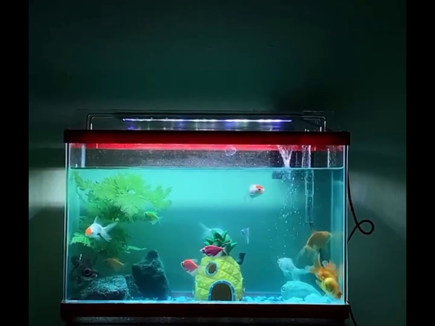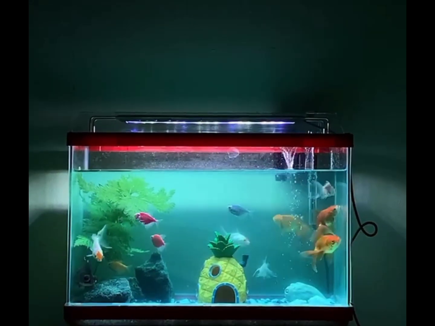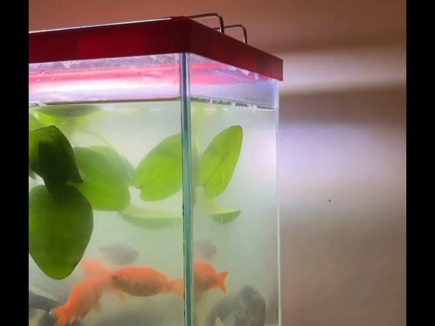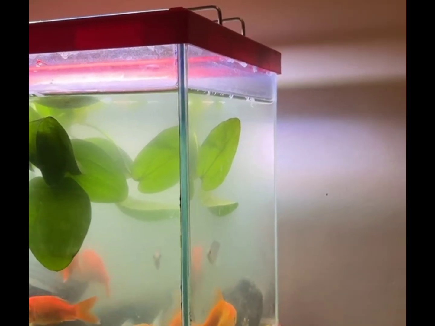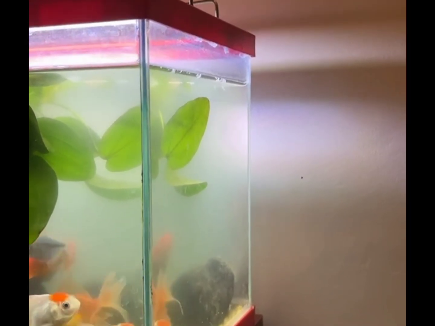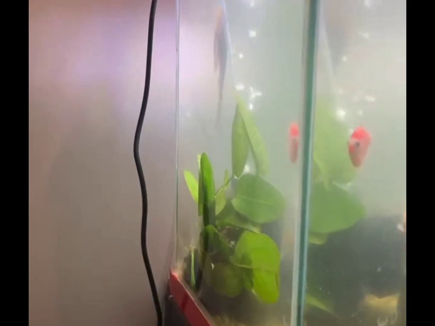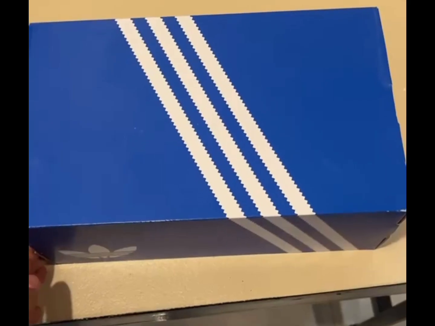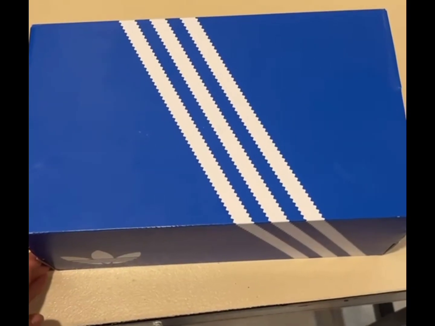Let's talk about prism. A prism is a solid 3D shape that has two identical bases and flat rectangular sides. This is the rectangular sides of prism. This is an aquarium. Let's take aquarium as an example, and especially a shoebox.